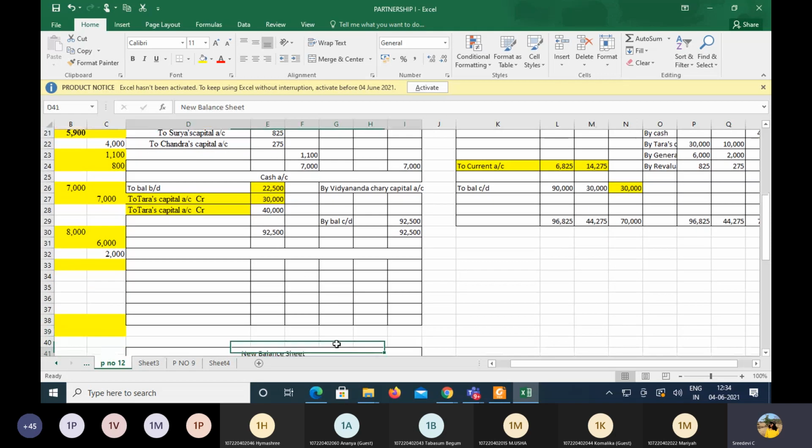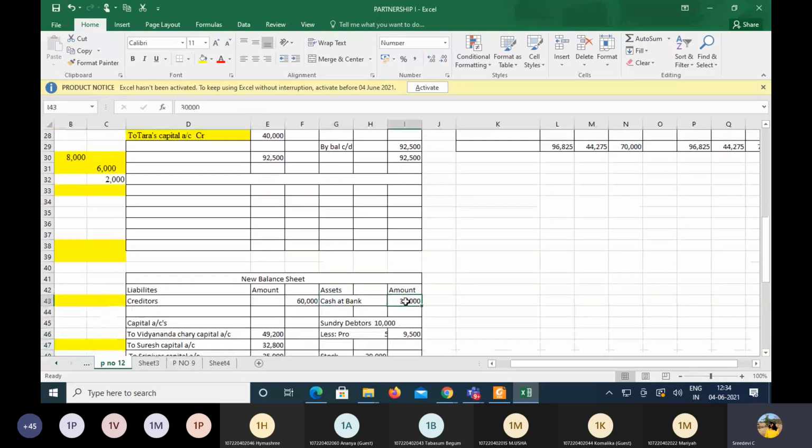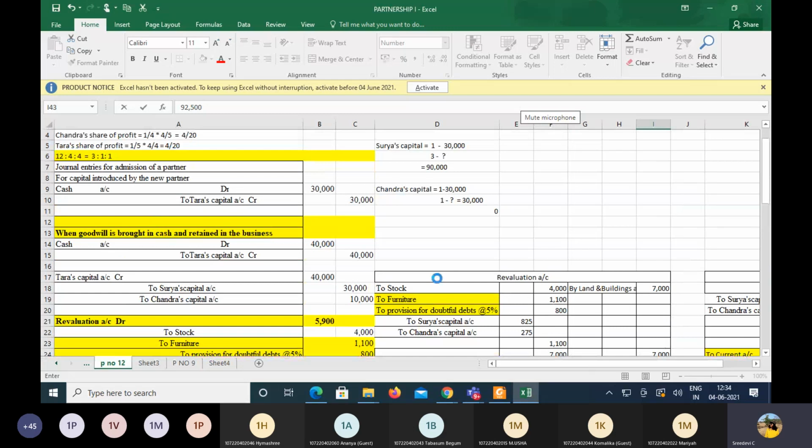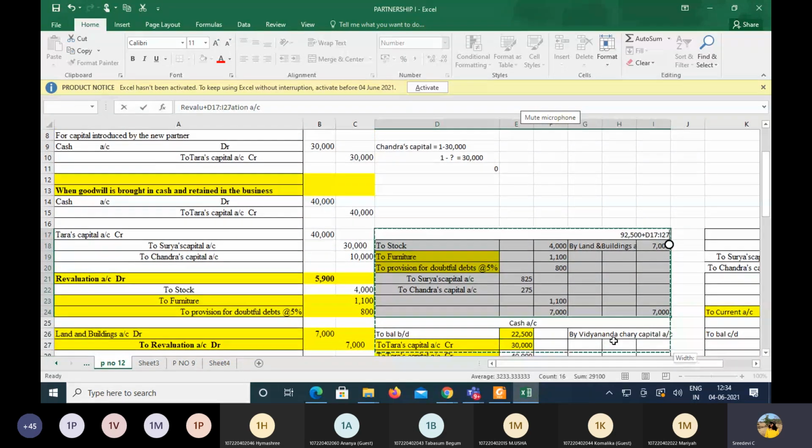And I'm going with the remaining. Here I wanted to tell one important point: how we are going to prepare the balance sheet by looking into the revaluation account, because the revaluation account always forms the basis for the preparation of the balance sheet.